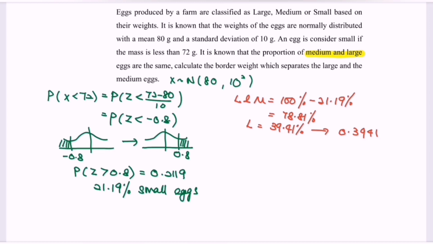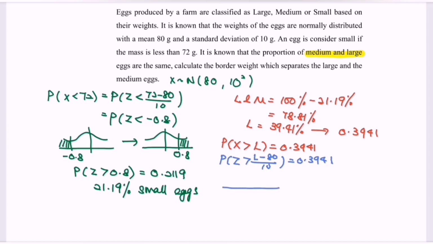So consider the probability that x is larger than the weight given, then we consider it as the large egg, which is 0.3941. So first, what we have to do is to standardize. So the probability that Z greater than (L minus 80) over 10 equals 0.3941.